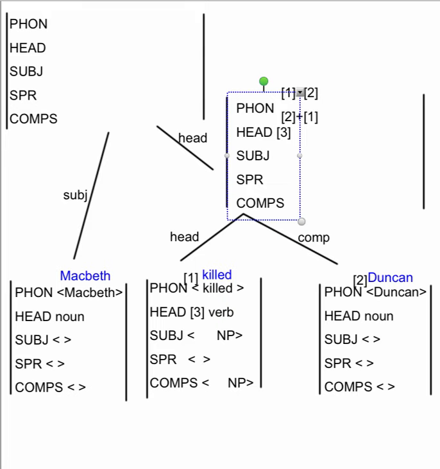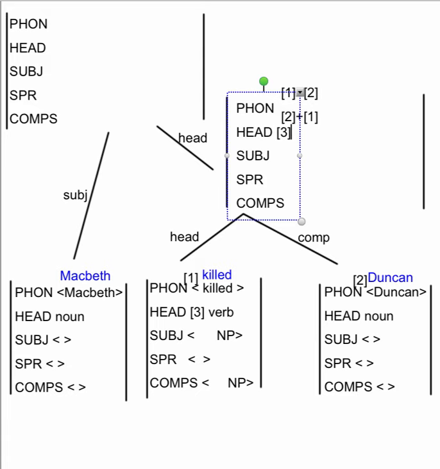Now, what about the valence requirements? Intuitively, the verb killed combines with its direct object. So after the combination, the complements requirement of the head should be fulfilled. However, the subject requirements and the specifier requirements are not being dealt with in this combination.